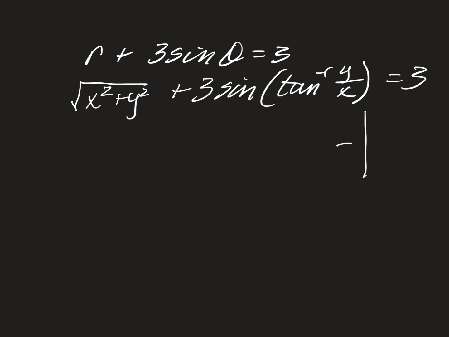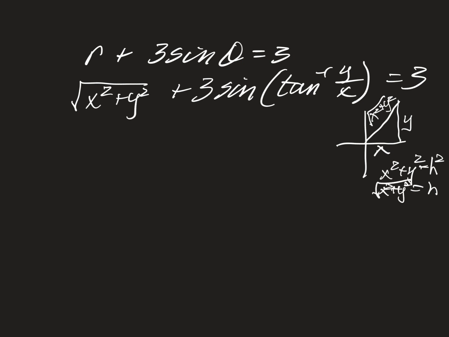So if I draw this triangle here, this is y, this is x, and the hypotenuse is the square root of x squared plus y squared, using the Pythagorean theorem: x squared plus y squared equals hypotenuse squared. I don't want to make it r because I want to keep it in terms of x and y.